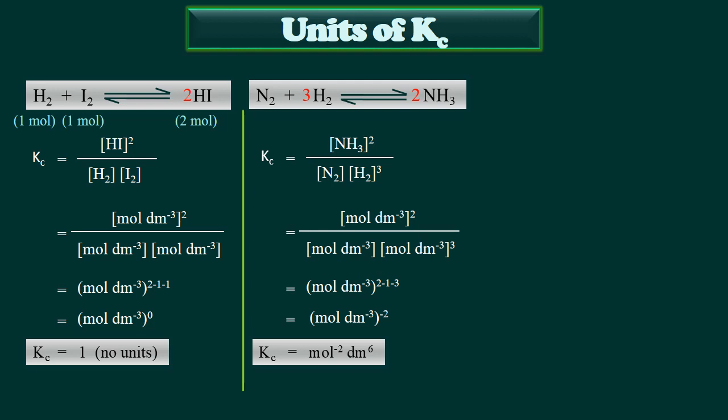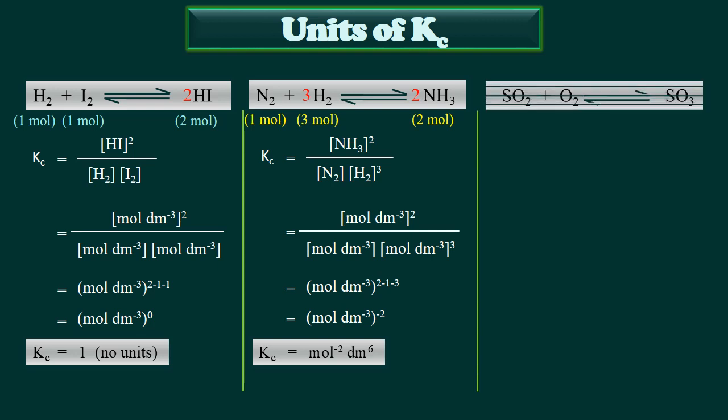Let us apply shortcut method to check your answer. Number of moles of reactants is 4 and number of moles of products is 2. So their difference is minus 2. So raising minus 2 to the power of mole per dm cube, we get the units of Kc.